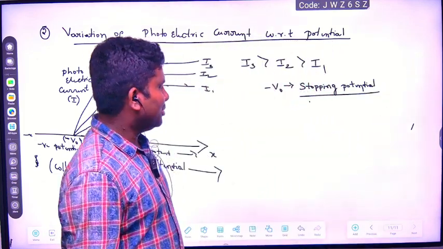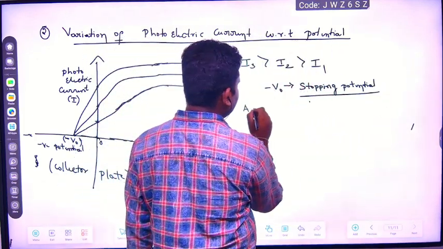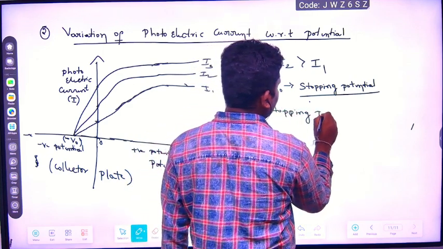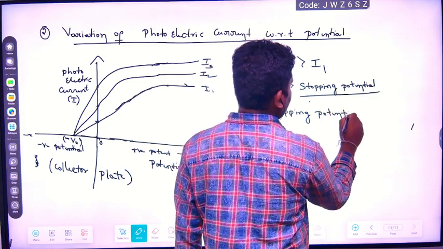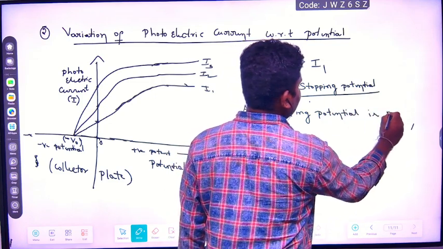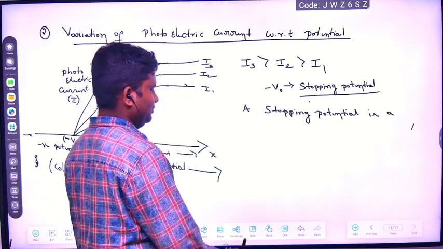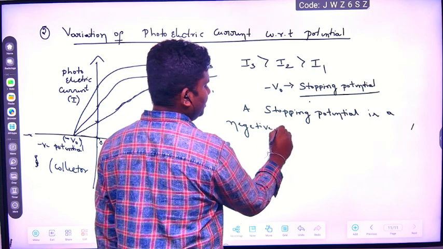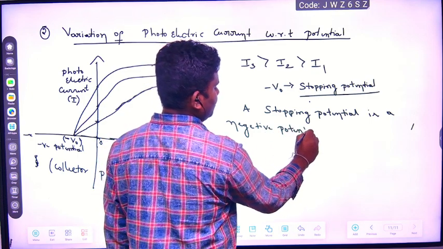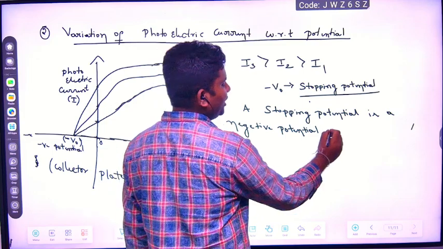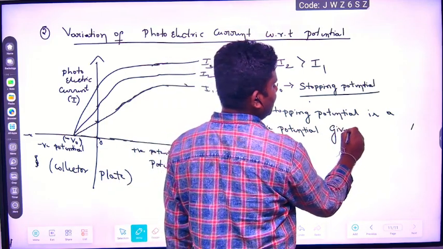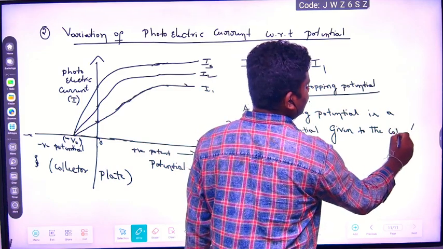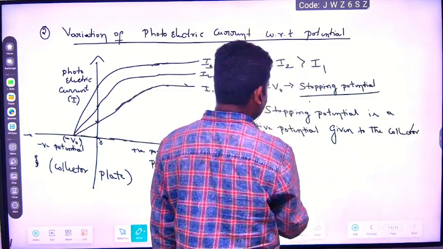Okay. Now please write: a stopping potential is a negative potential given to the collector plate. The collector plate is also called the anode plate.